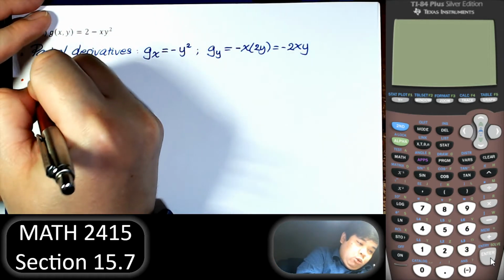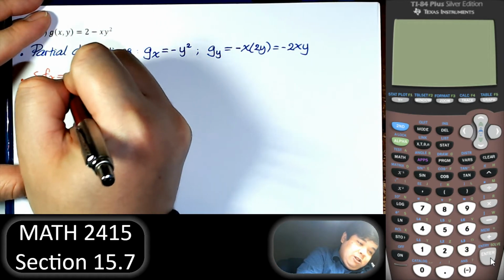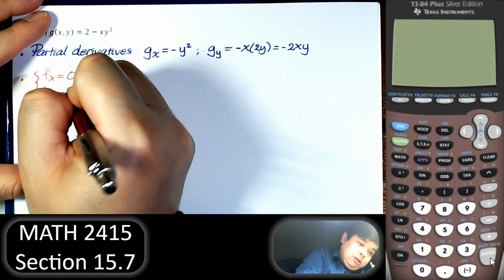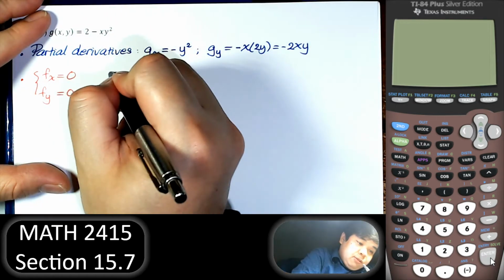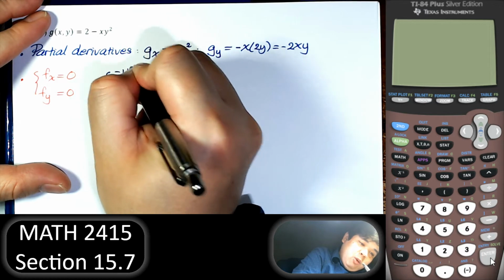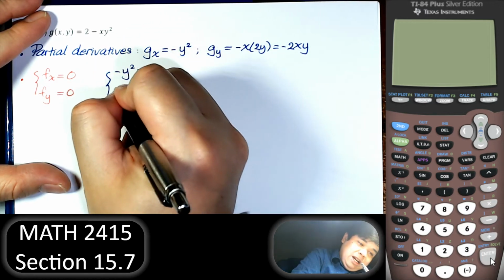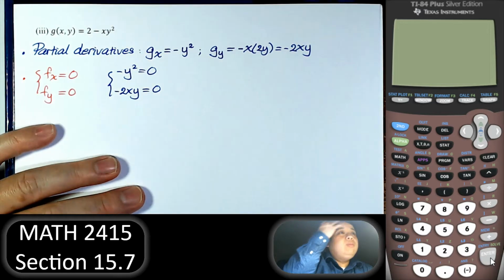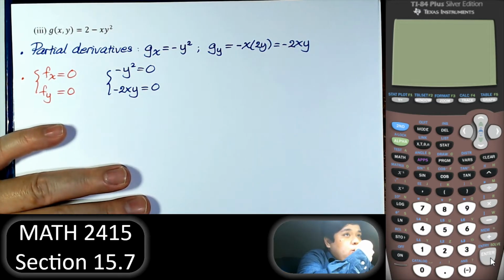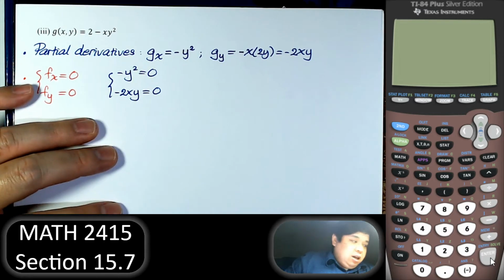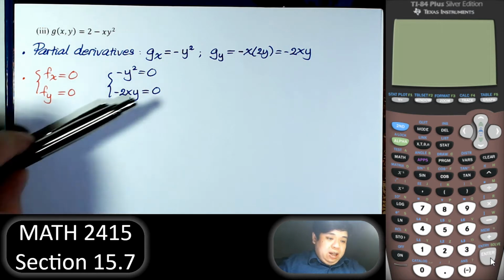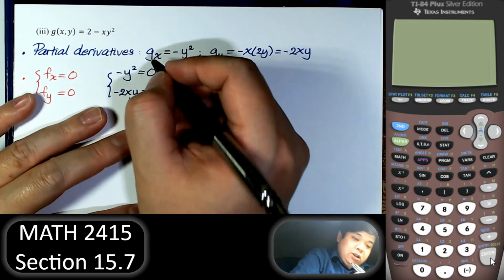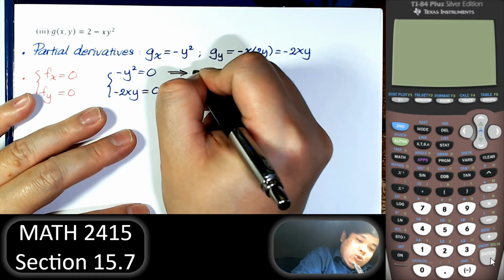Right, now partial derivative equal to 0. Negative y squared equal to 0 and negative 2xy equal to 0. It sounds easy, but when we look at this, we can say if negative y squared equals 0, that means y has to be equal to 0.